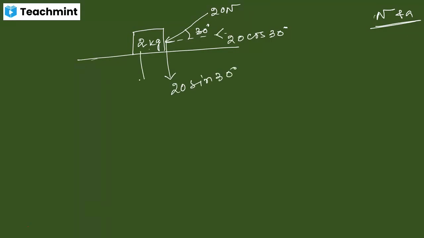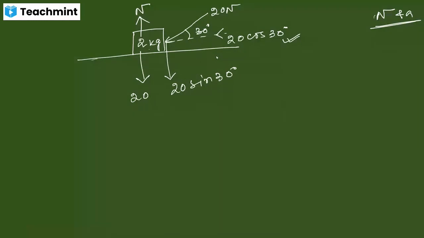The weight of the object is acting in the downward direction, equal to 20 Newton, and the normal reaction force is acting in the upward direction, having a value of N. So when you are applying a push force, the horizontal component of the force is acting in this direction, but the vertical component will be in the downward direction because you are applying some push. If you apply it practically on any object, then you will understand that the vertical component of force will obviously act in the downward direction.